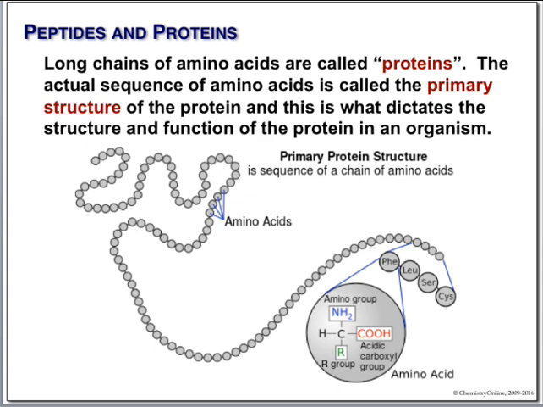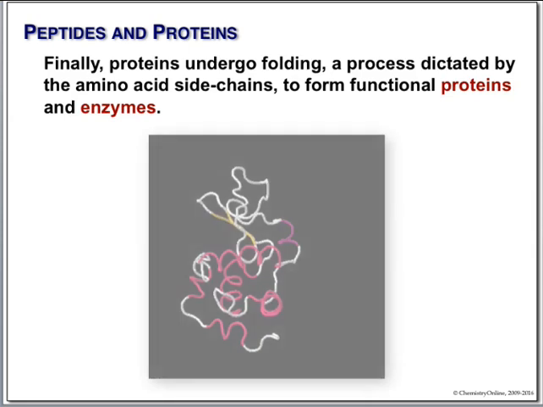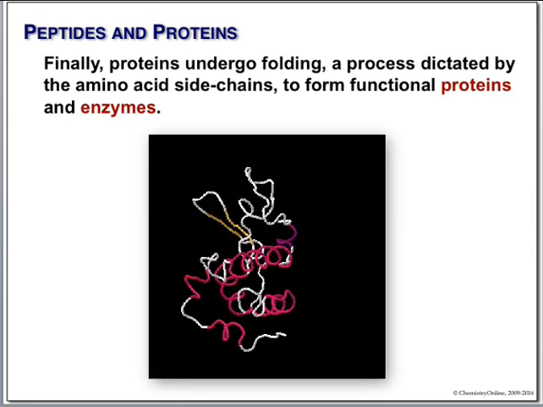Now that's important because remember, each of these has this side chain, right? Some of them are water soluble, some are not. So as they are formed, they wind up into a ball. And they'll put all of the water solubles on the outside and all the hydrophobics on the inside. And you wind up with a tertiary structure of the protein.